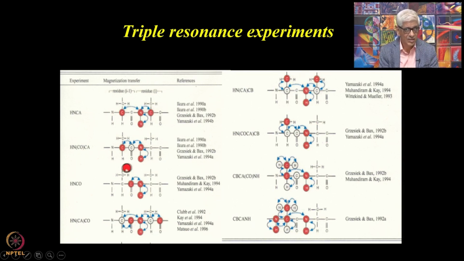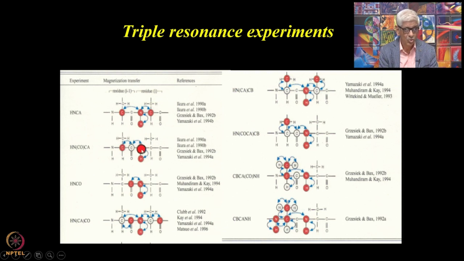Now the next experiment here is the HNCOCA. There are so many different kinds of experiments here, and the nuclei marked red are the ones where you have the frequencies labeled. Okay. So in this case you have the proton, the nitrogen and this C alpha.